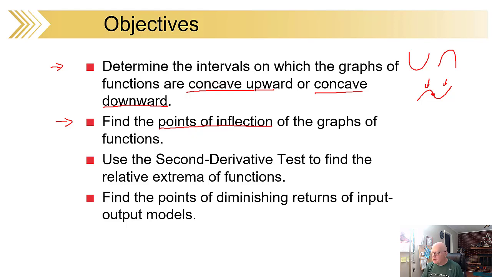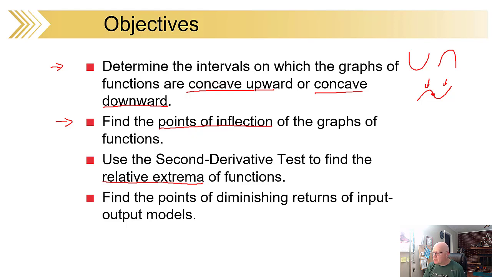But we'll get there. So the second derivative test helps you find the relative extrema. What is that? That sounds a little bit extreme, right? All it means is a relative minimum or relative maximum. And what does that translate to?